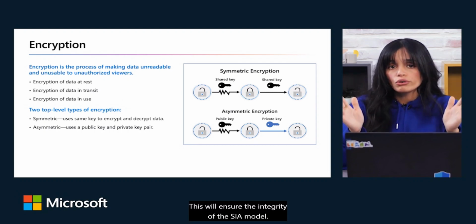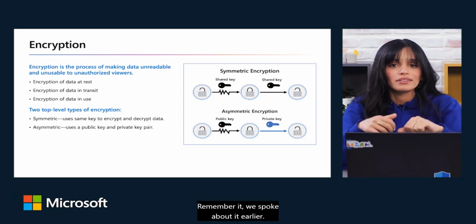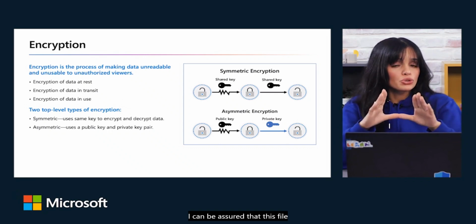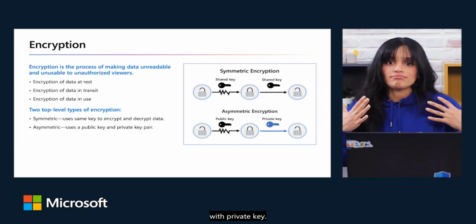This will ensure the integrity of the CIA model. Remember it? We spoke about it earlier. I can be assured that this file can only come from that particular person that encrypted this file with the private key.